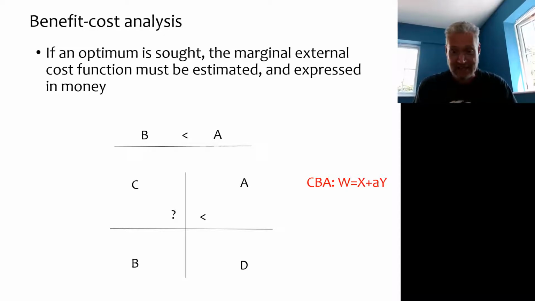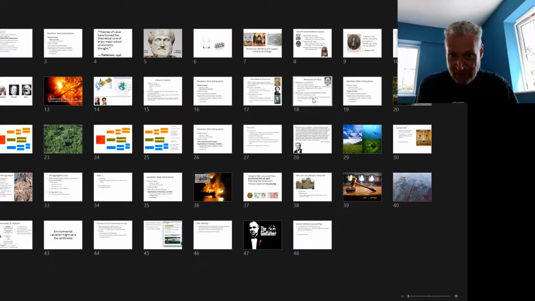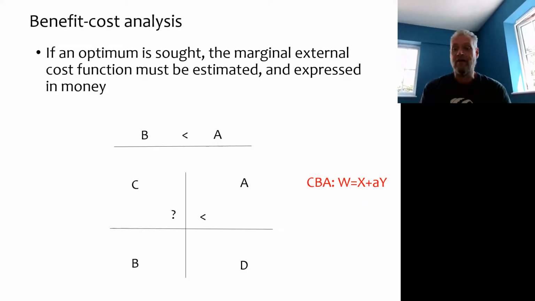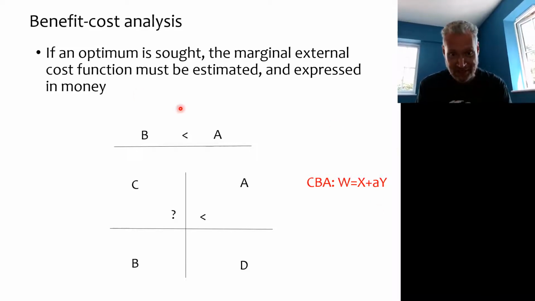And that is a linear combination of the one dimension and the other dimension, and we have some sort of exchange rate A that tells you how much X is worth relative to Y. And once you have done that, you essentially added up everything, and you're back in the situation where things are one-dimensional, right?